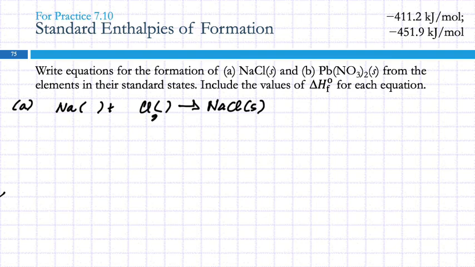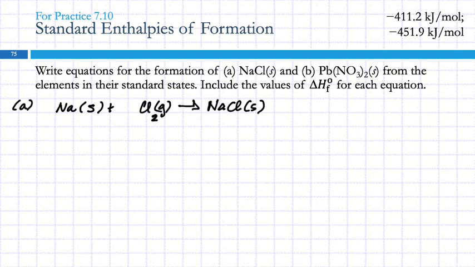Yeah, we could look it up, but we can also kind of think about it. Cl2 gas, because it's a diatomic element and the periodic table tells us it's a gas at room temperature. What do you think the standard state for sodium is? A solid. And we can look at the periodic table. Na is in black. It's a metal. It's solid at room temperature. It is not diatomic. It doesn't have any subscripts or anything. We could also go in the table and look that up.